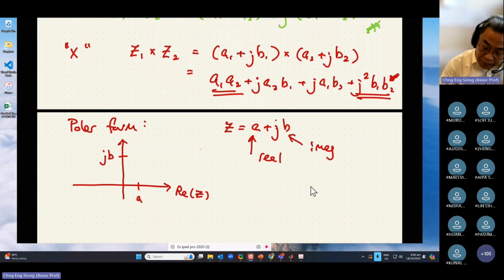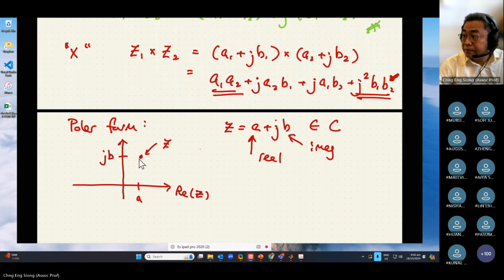Where is A plus JB? This point. We call this D. So Z belongs to the complex plane. I find where real is, I find where the imaginary is, and the intersection between these.